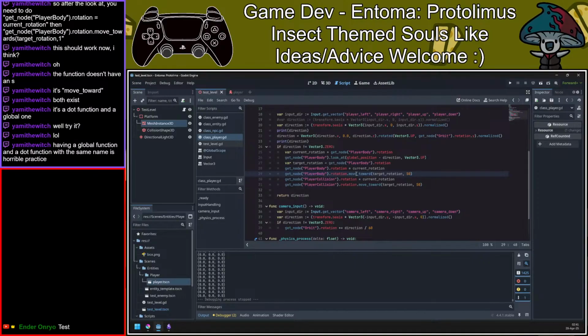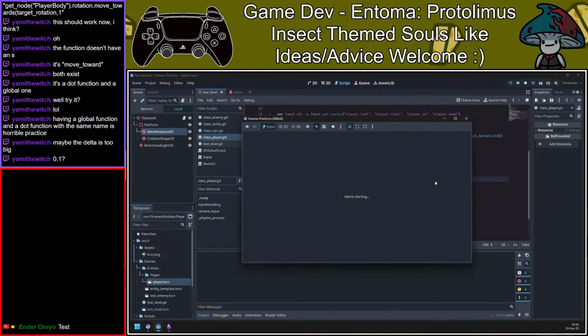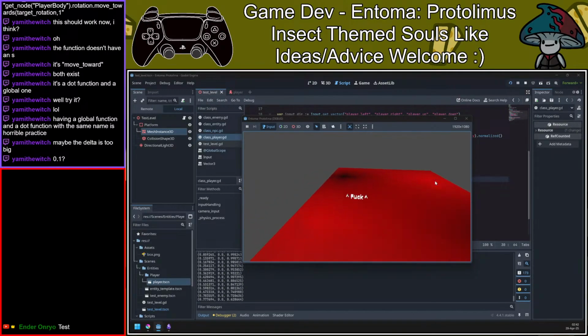Especially when one of them doesn't even have a link to documentation. Even if the delta is too big, it should just be snapping to the new thing. Unless by it does not go over means that if it tries to go over, it just does nothing. No.